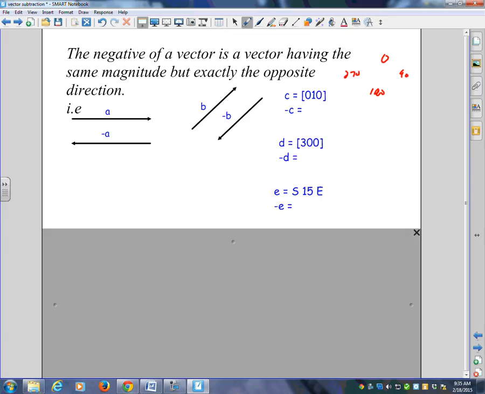I heard someone say it back here. What did he say? 190. And he's correct. How did you do that? You added 180, right? If you're driving your car and you pull a 180, you go the opposite direction. You're adding 180 degrees to your direction.